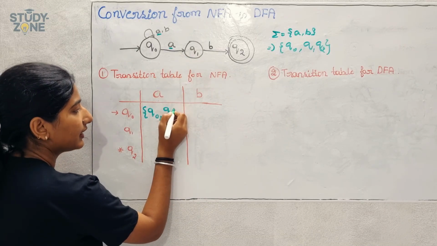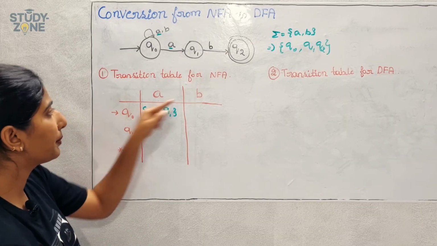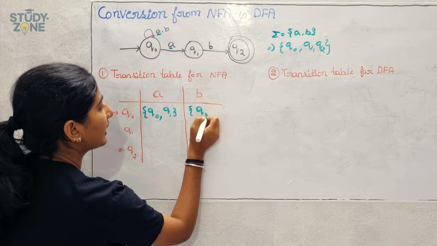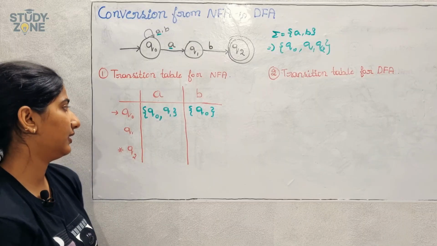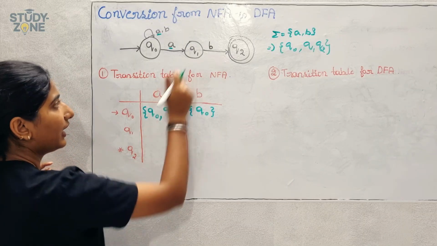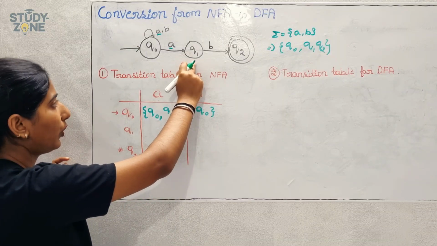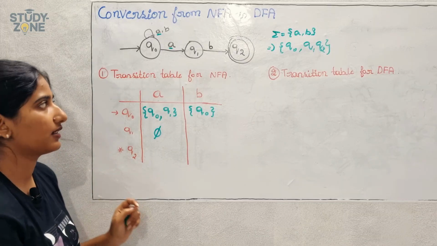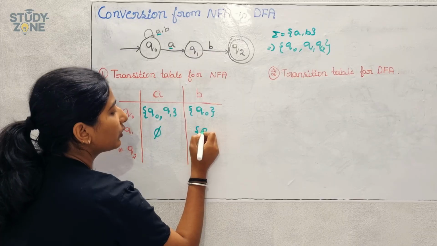Now Q0 on B, it will be in Q0 only, one transition. Now Q1 on A, is there any transition on A from Q1? No, right? So we represent it with an empty set. And Q1 on B, it is moving to Q2.